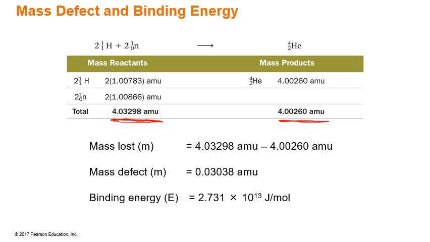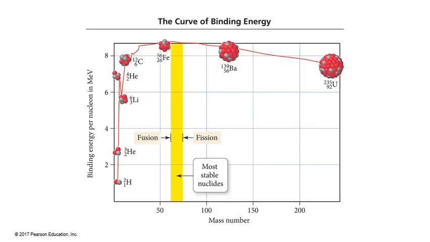And we have a mass defect of 0.03 and a binding energy that is produced from that mass defect of 2.7 times 10 to the 13th joules per mole for our hydrogen. Fusion occurs for small atomic mass numbers, and it occurs for elements from hydrogen up to iron. And this is where the source of energy comes from in our sun and also other stars.